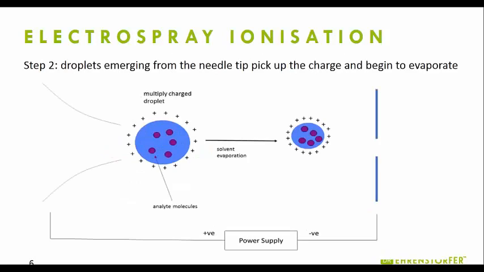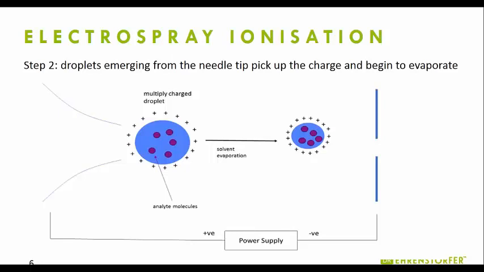Then, as it comes out, the liquid forms a droplet held together by surface tension. The analyte molecules are encapsulated in the droplet. This spray is heated, and so as it moves towards the detector, the liquid evaporates and the droplet gets smaller and smaller and smaller, still containing multiple positive charges.